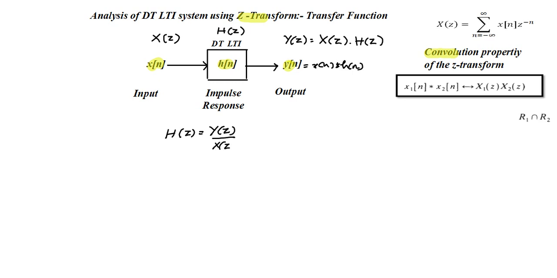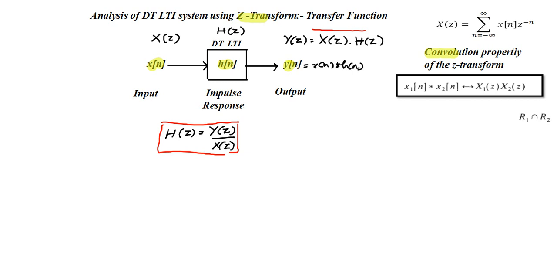This term Y of Z by X of Z is known as the transfer function of the system. The transfer function is actually the Z transform of the impulse response.